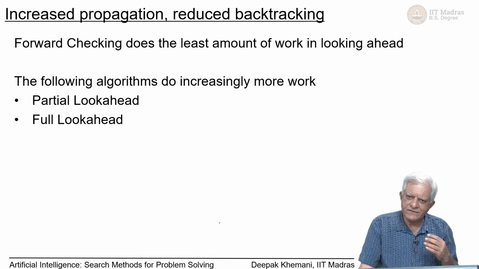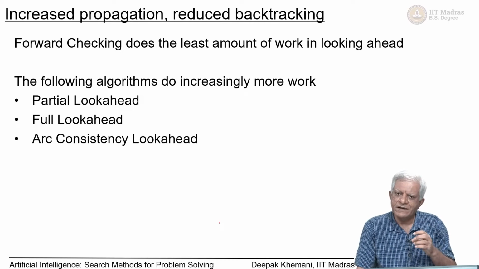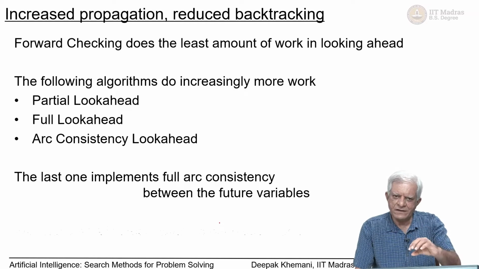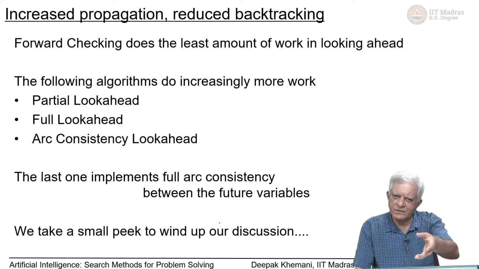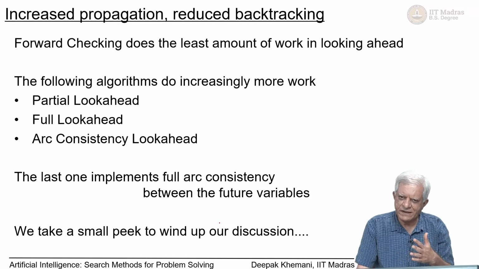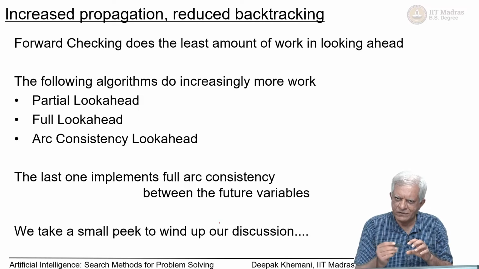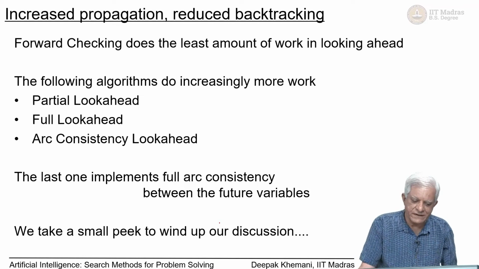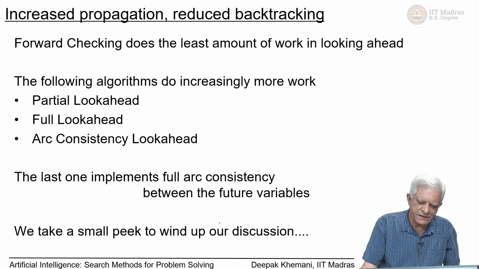Partial look ahead says that if you are looking at variable I and you are pruning a value from a future variable j, then because of that will you have to prune a value from a future variable k essentially. So, that is extra work. Forward checking is only looking at the current variable and what it is connected to. Partial look ahead looks one step further ahead or more steps further ahead.